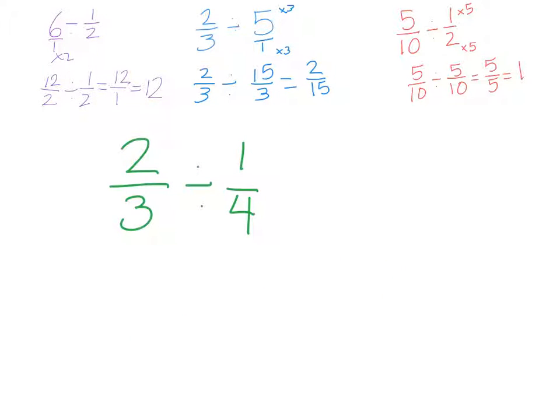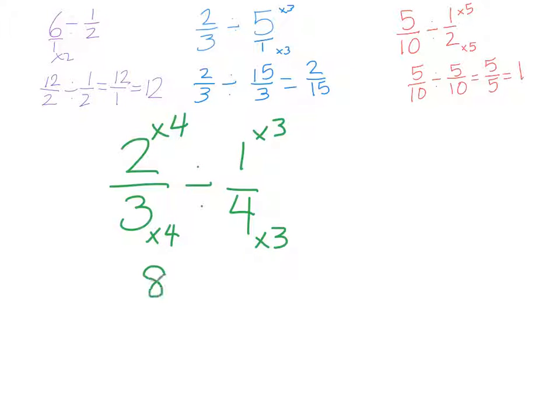5/10 is equivalent to a half. Next problem is 2/3 divided by 1/4. So you can try some of these on your own. You can pause the video and try them yourself. But I'm thinking common denominator is 12, and I would have to scale this up by 4 to get my 12ths, and scale this fraction by 3 to get my 12ths.